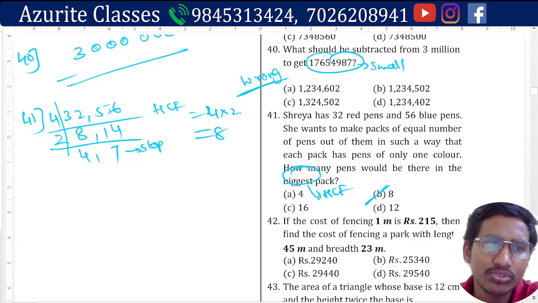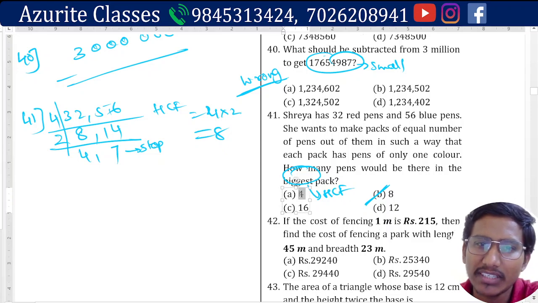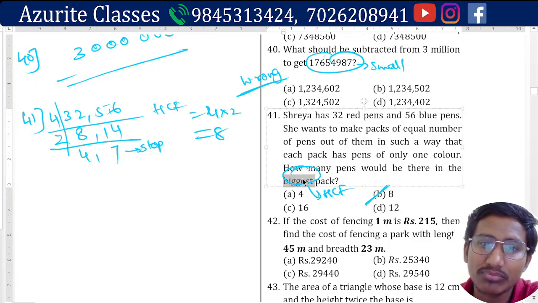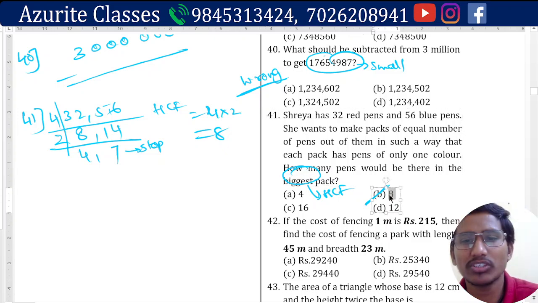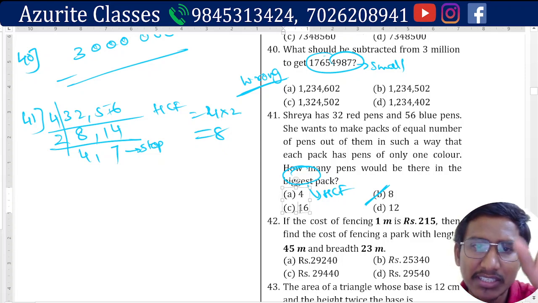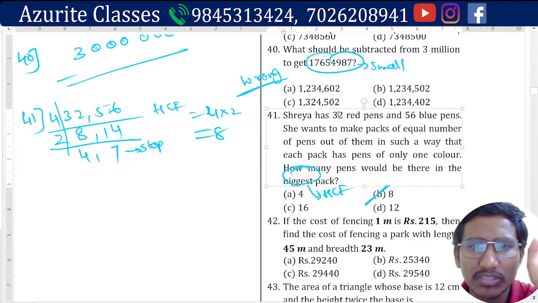Or you can go option-wise and divide. 4 will divide both 32 and 56, that is correct. 8 also, and they are asking for the greatest, right? So the bigger is 8. If you want 16, which is bigger, 16 will divide 32, but 56 will not, because 16 4s are 64, not 56.